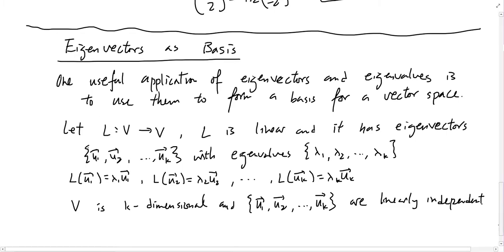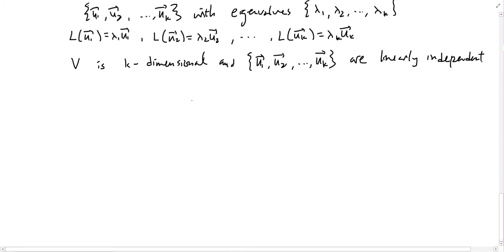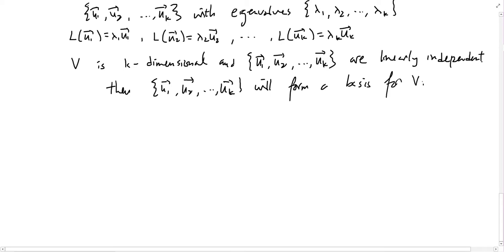what we know is the following. Then this set of vectors will form a basis for V. Therefore, if vector v is in V, then vector v is equal to some linear combination of vectors u1 to uk.